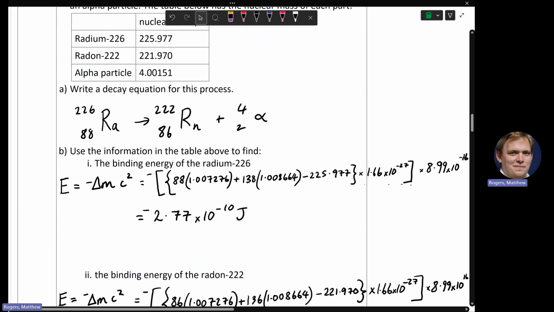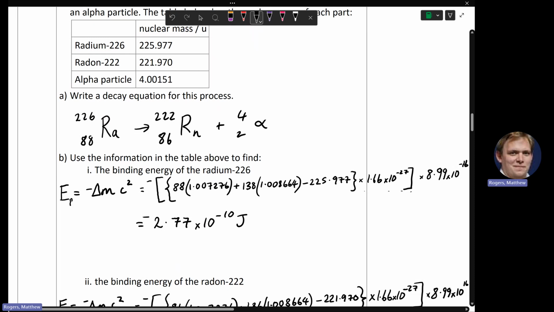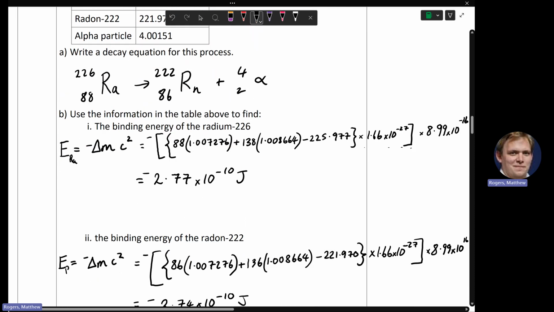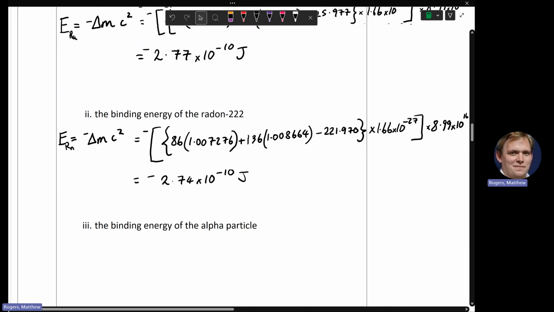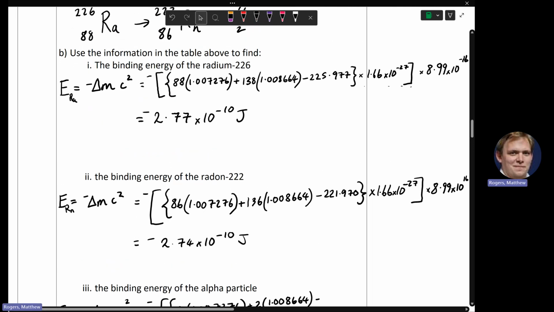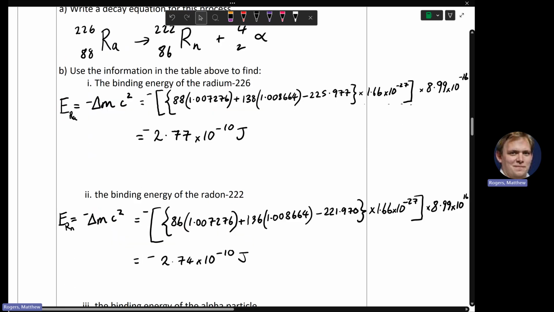So we've got the binding energy. Let's put some suffixes on these so we know what we're doing: the binding energy of radium, the binding energy of radon, and then our last one, the binding energy of the alpha particle. So again, minus delta M C squared. This time we've got 2 protons, so 2 lots of 1.007276 plus 2 neutrons, 1.008664, minus the mass of the alpha nucleus, 4.00151.